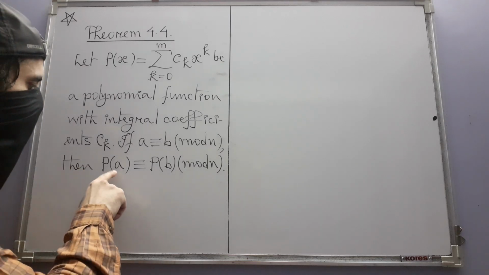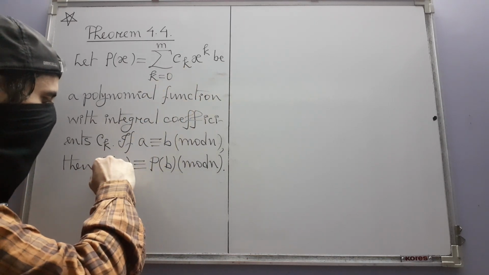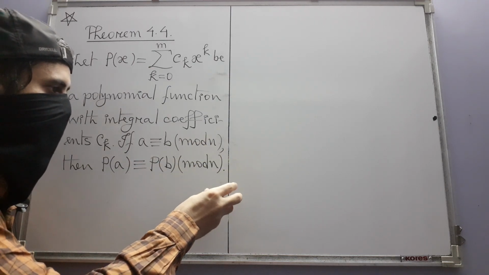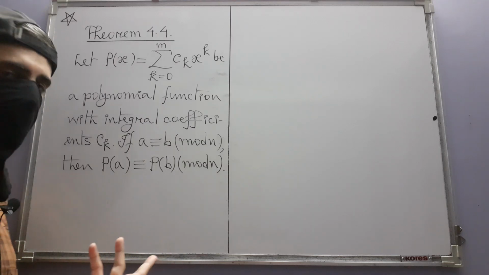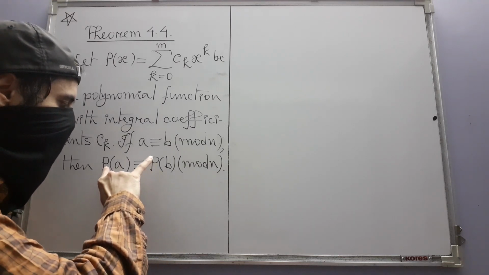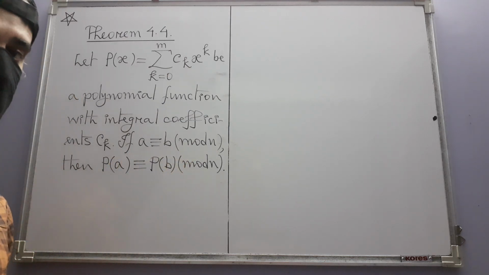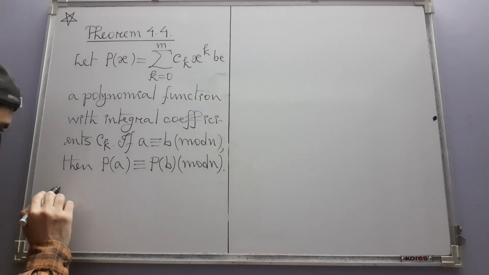Note one thing: since P has integral coefficients, if you evaluate P at an integer a, the value of the function is also going to be an integer. So it makes sense to say that the integer P(a) is congruent to the integer P(b) mod n. It's extremely straightforward, but nevertheless, let's see the proof.